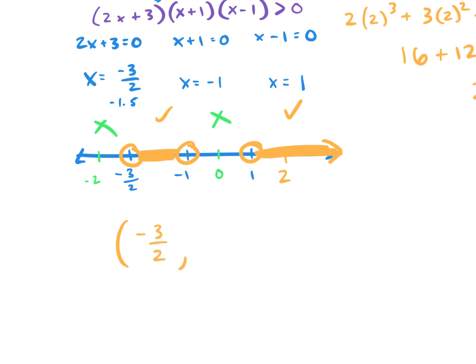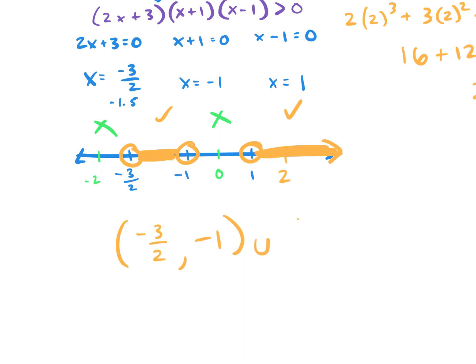Now for your interval, remember, you go from smallest to largest, so I would start from the left to right. So our graph starts at negative 3 over 2, and then it goes to what? Negative 1. Negative 1's also going to get a parentheses. So our graph stops here, so I have to stop my interval here.